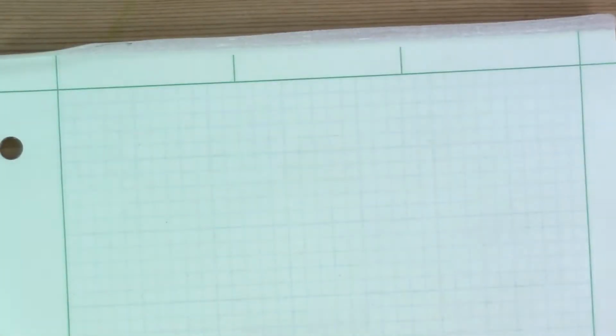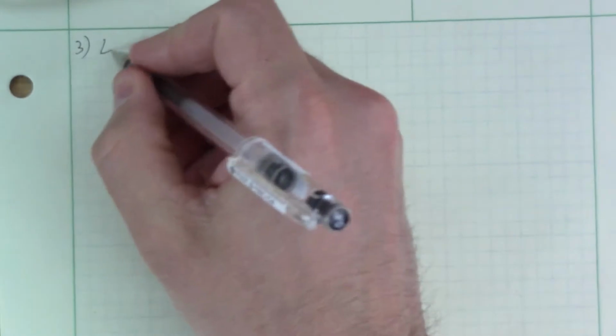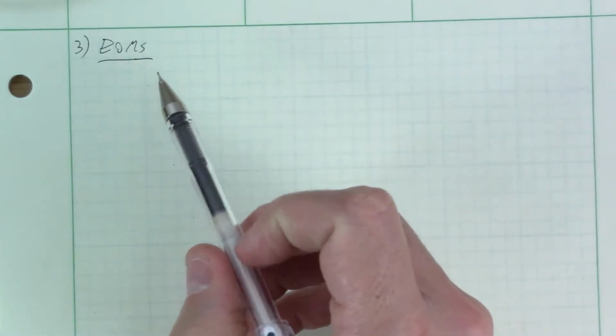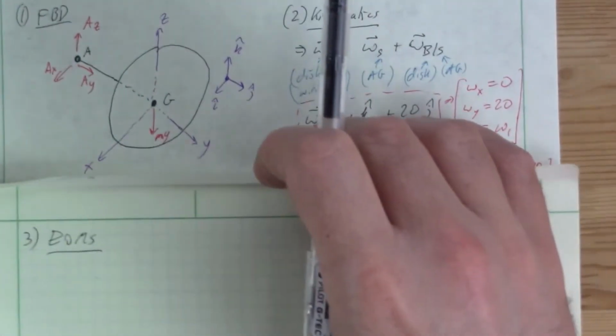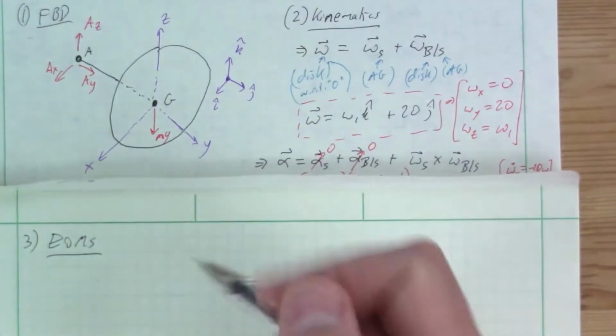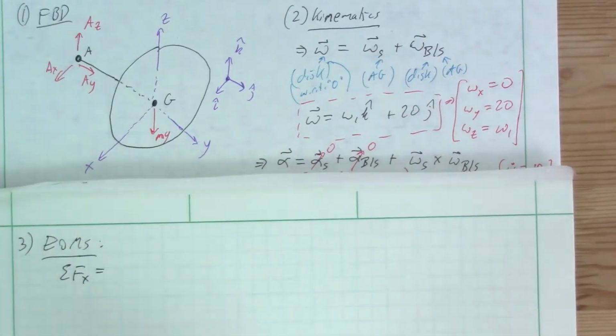Now the next step is to use what we have and go to our equations of motion. So we're inching closer to applying the Euler equations. But before we do that, we always start with summing the forces. Okay, and we'll keep our free body diagram close. I can't probably keep it on the screen, but it'll be right there if we ever need it. Okay, so we sum the forces in the x direction.